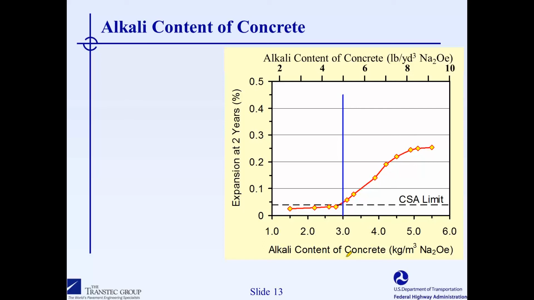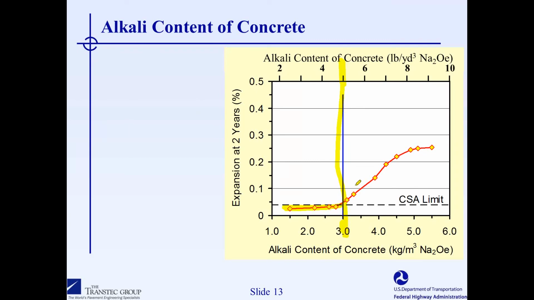There's a lot of work in the literature that will show us that the expansion for given aggregates can be related to the alkali content of the concrete, just like this graph shows here, where we're below a certain threshold, which for this aggregate is 5 pounds per cubic yard or 3 kilograms per cubic meter.